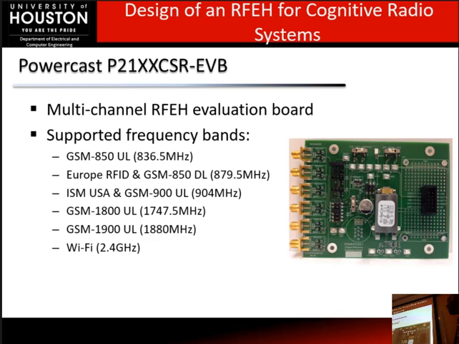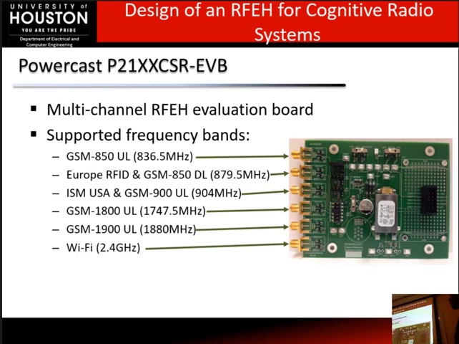So the hardware I selected for my experiments is another PowerCast board. It's a P21XX CSR evaluation board. It supports 6 frequency bands, shown here: GSM, ISM USA, and Wi-Fi. And this harvester board is just like the previous one.